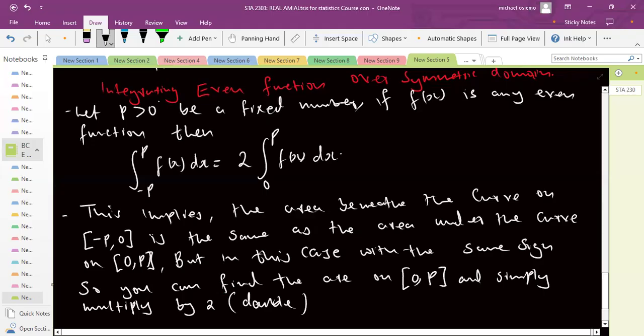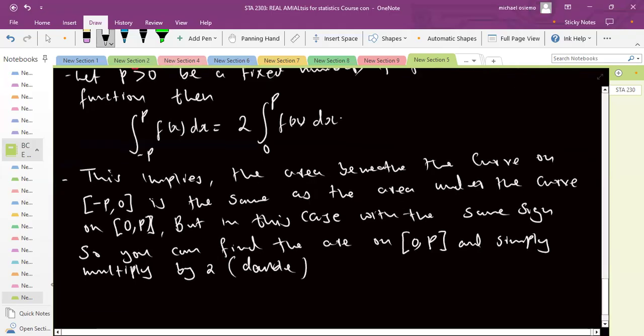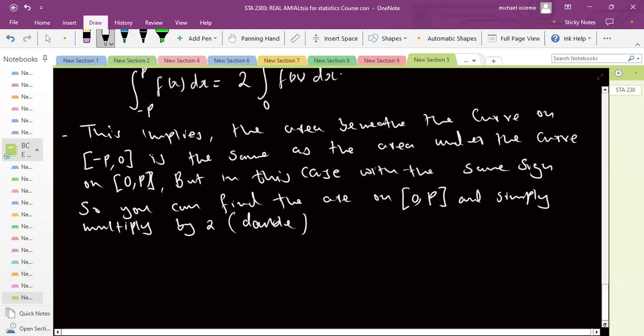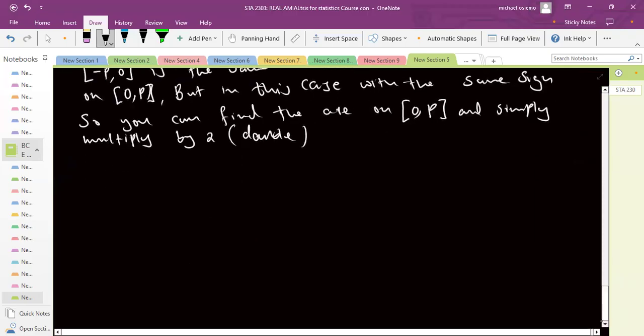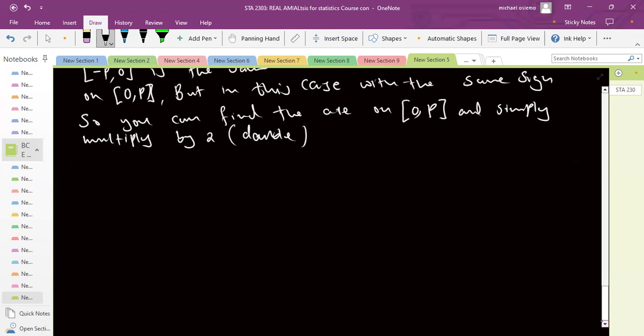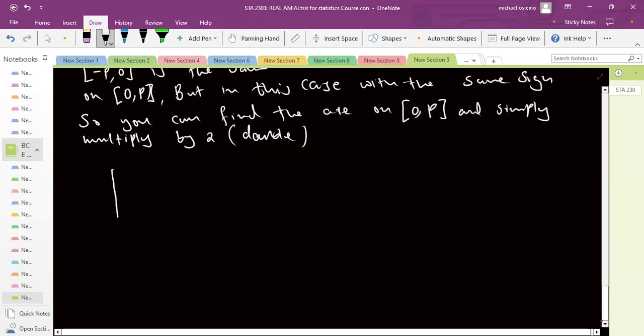Now, we show graphically what this entails. For an even function, we can have a graph of the form like this. I want us to choose the two intervals. This one here is negative p, here it is 0, and this one here is p.